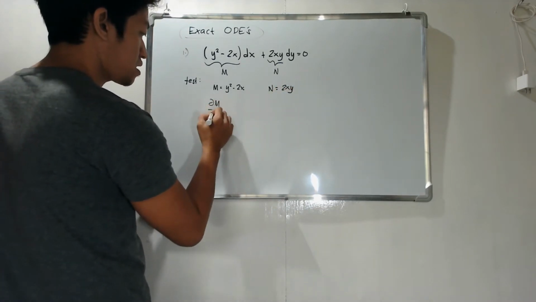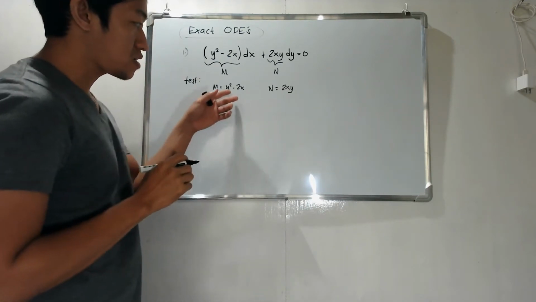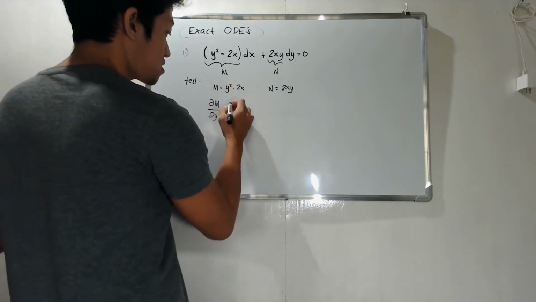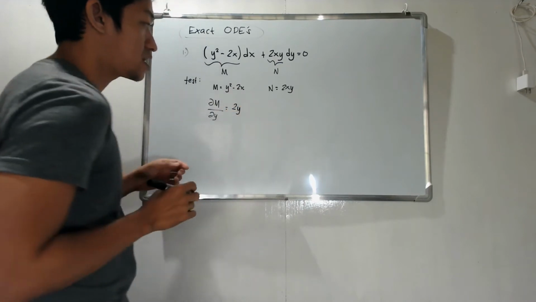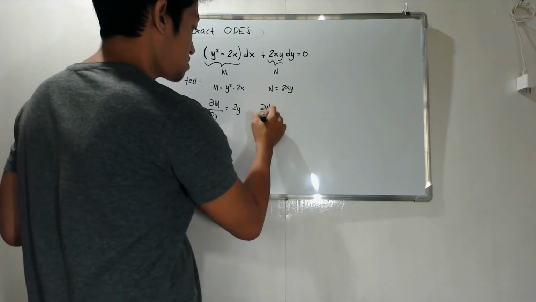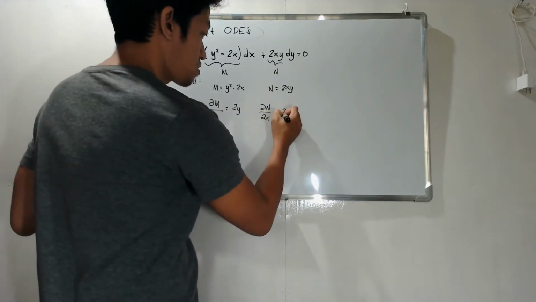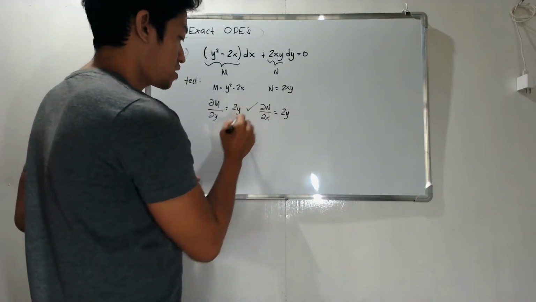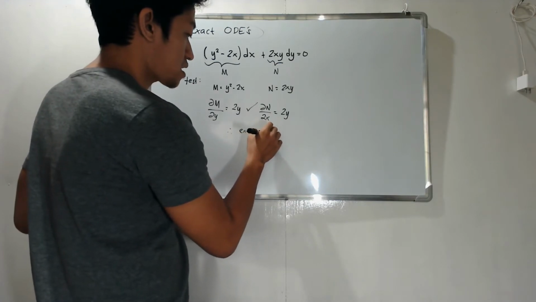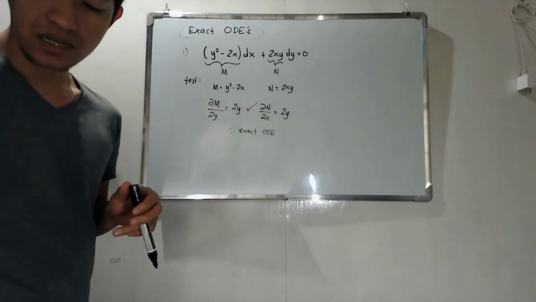The partial derivative of m with respect to y, meaning you let x be a constant. Okay, so 2y. And then partial of n with respect to x is equal to 2y. Okay, therefore this is an exact ODE. This is an exact ordinary differential equation.